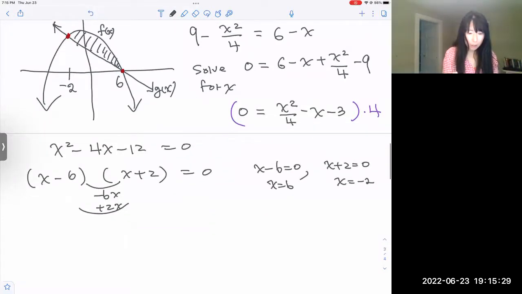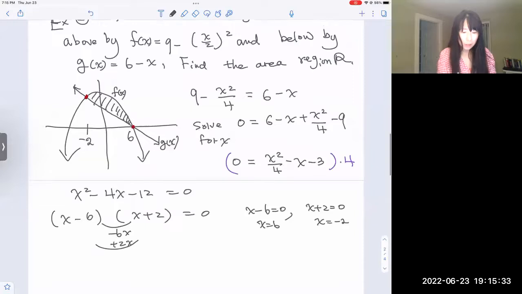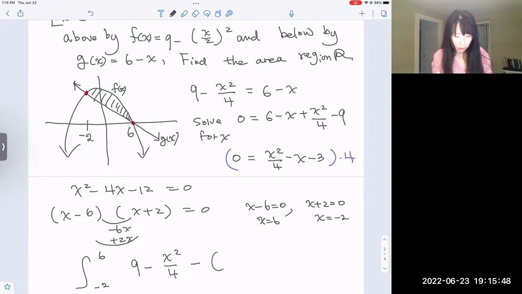So let us set it up. From negative 2 to 6, the top, which is 9 minus x squared over 4, minus the linear function, 6 minus x, all dx.